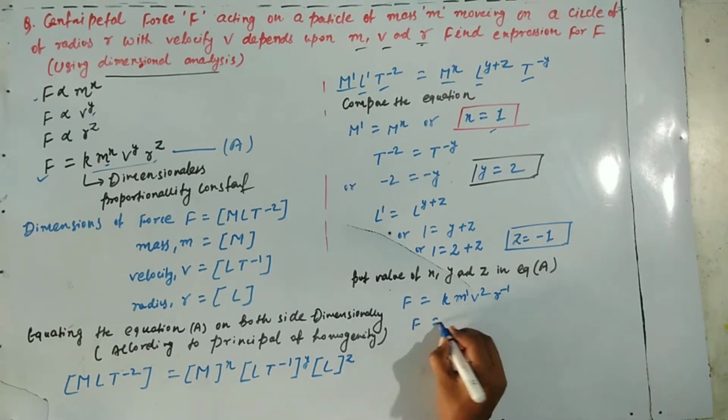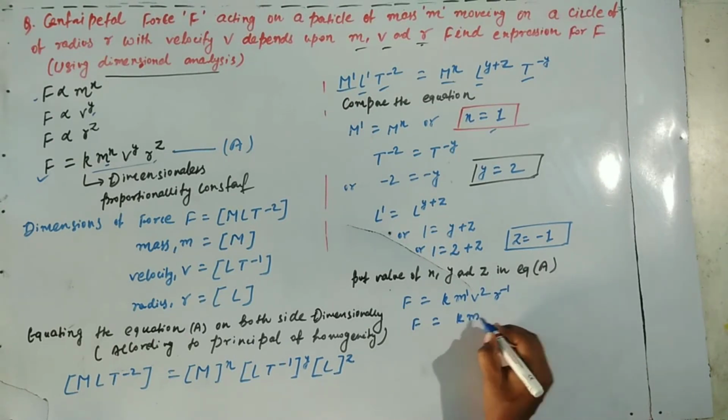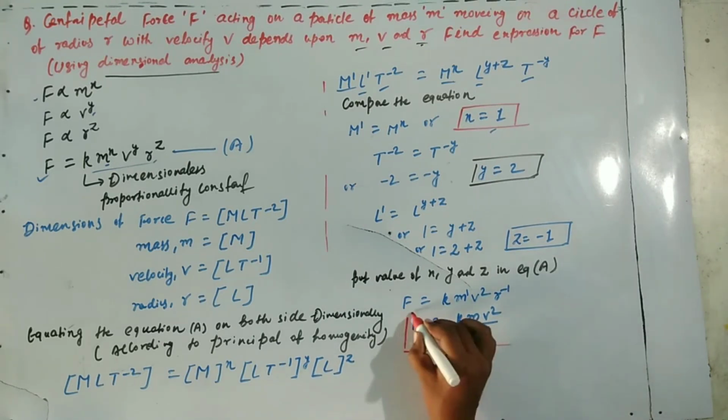Therefore F equals k into m v square by r. This is the equation for centripetal force.